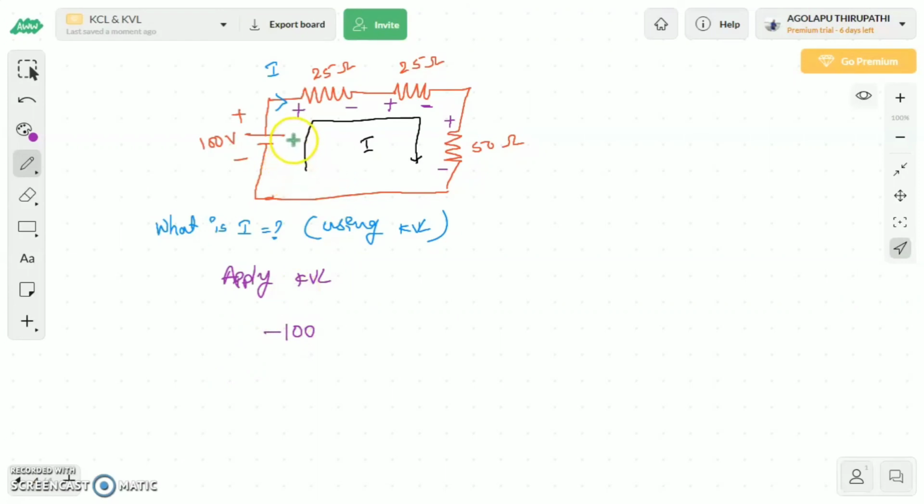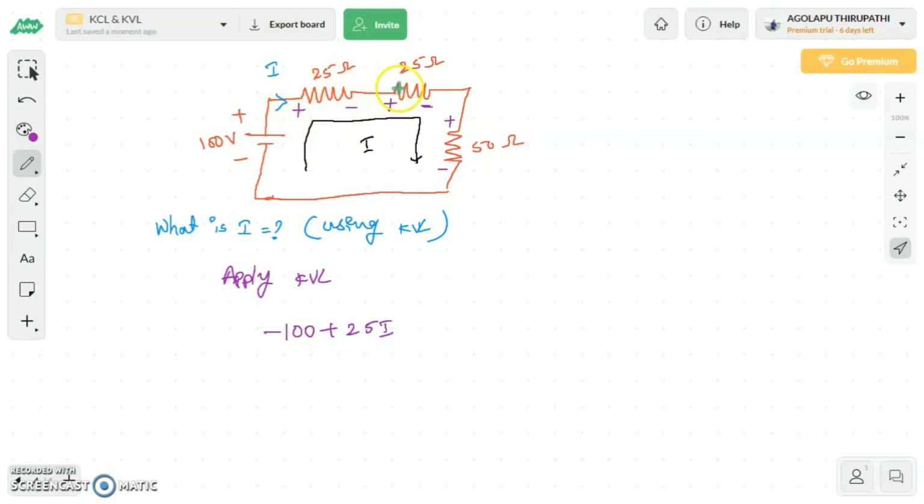Following the same direction, I am entering the positive terminal of the resistor. What is the voltage drop here? V is equal to I into R, where R value is 25, so plus 25 I.